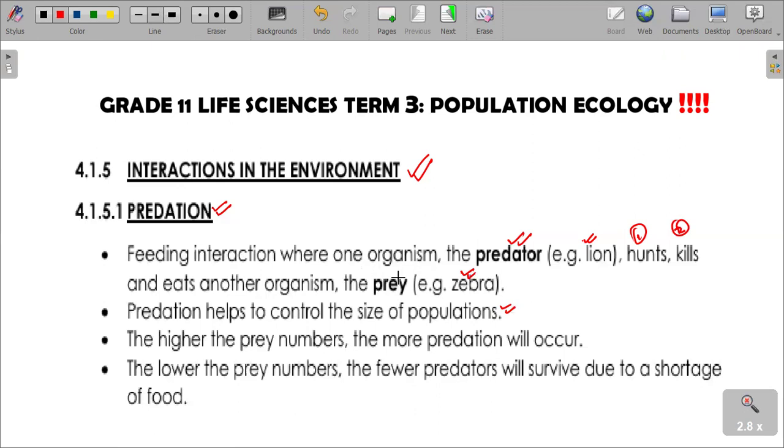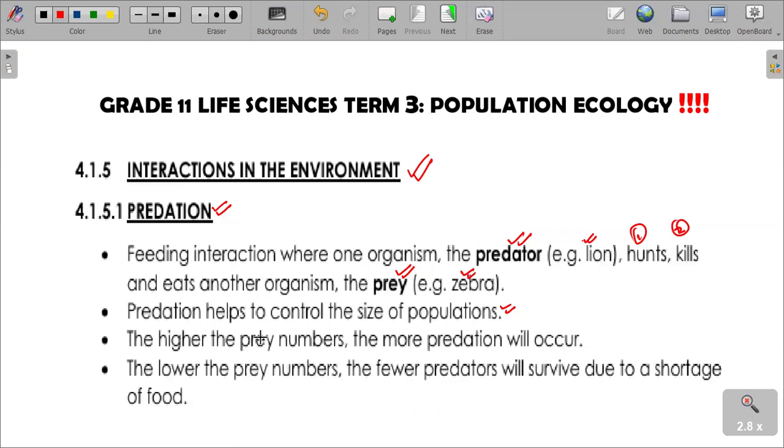So the prey is the organism or the animal that is being hunted, or that is being eaten, or that is killed for meat. The higher the prey numbers, the more predation will occur.